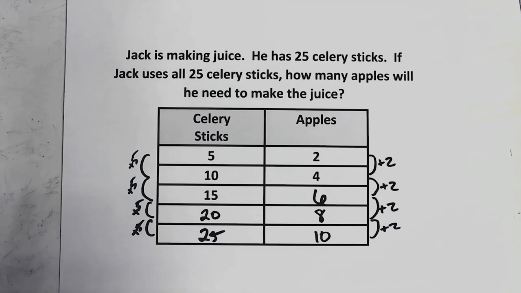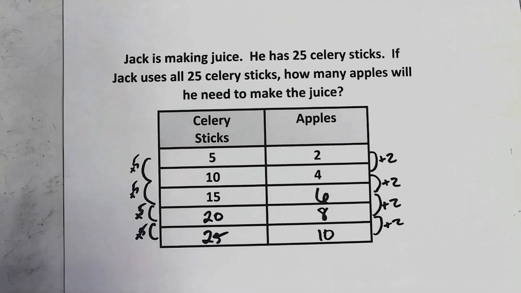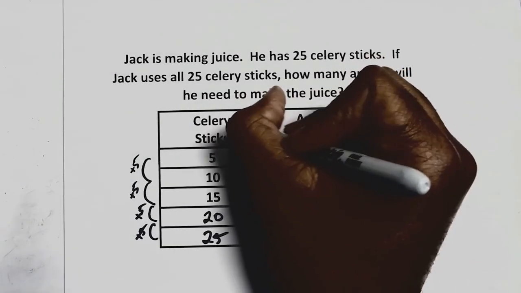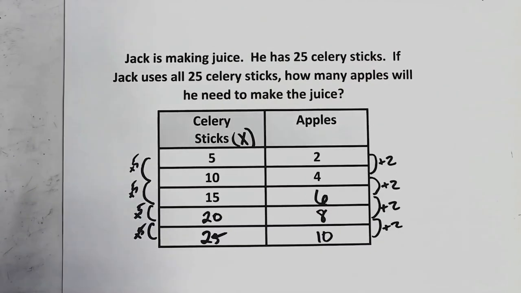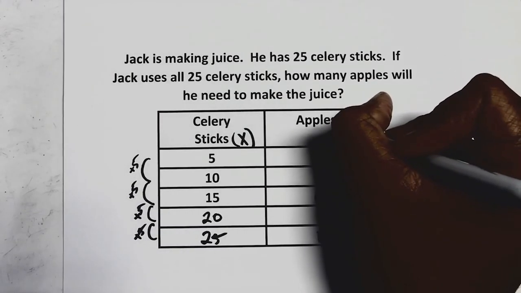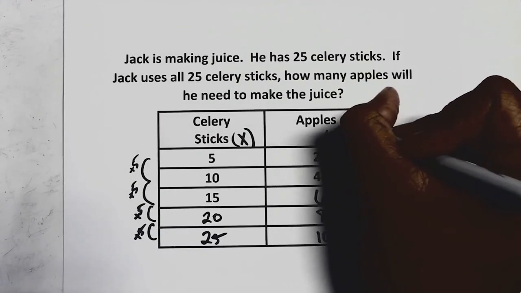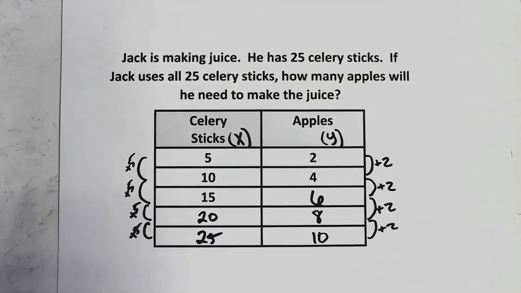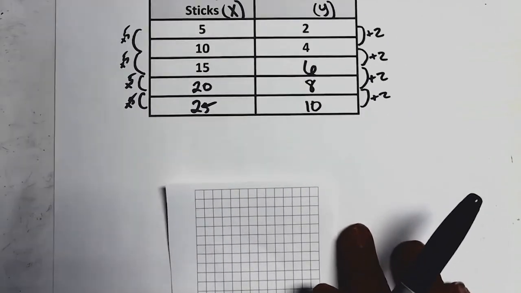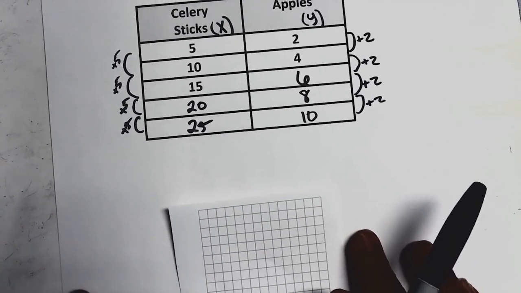Let's plot the pairs of values on our coordinate plane. What will be our x-axis? Correct. Our x-axis should be celery sticks. What about our y-axis? Correct. Our y-axis will be apples.